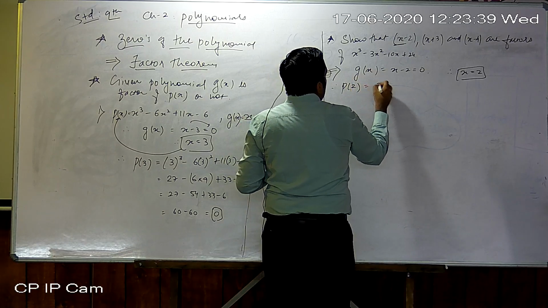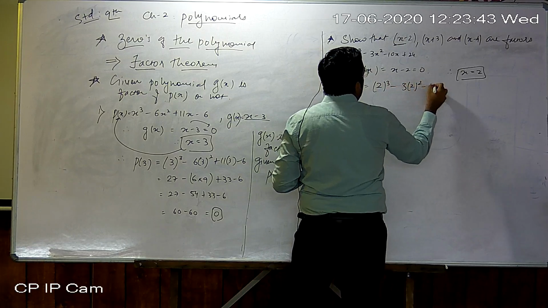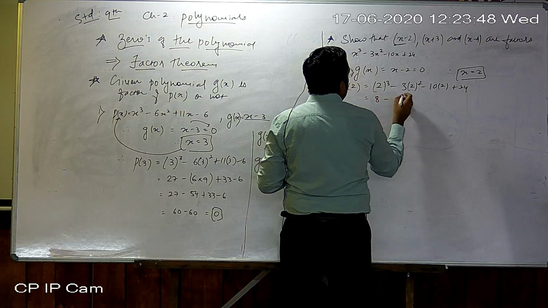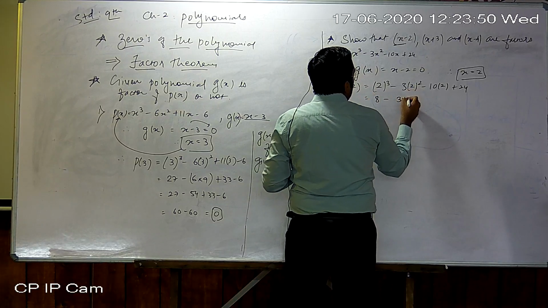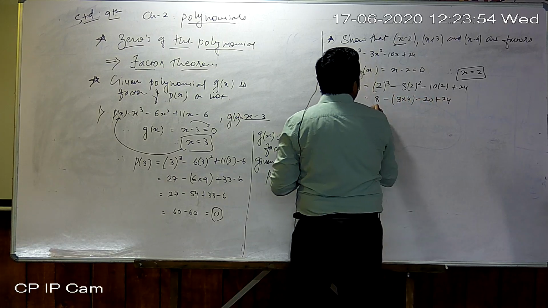So 2 cube minus 3 into 2 square minus 10 into 2 plus 24, that is 8 minus 3 into 4 minus 20 plus 24.